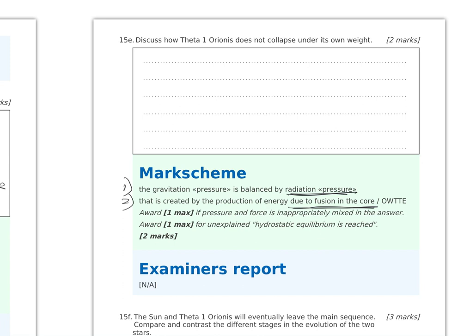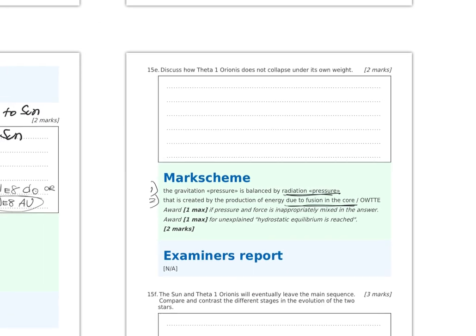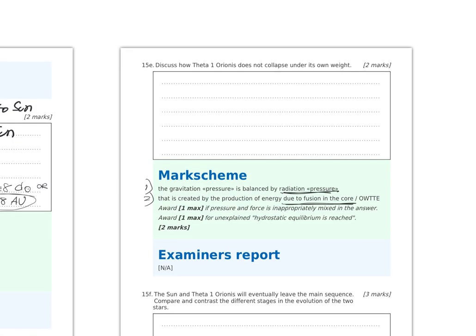Yeah, it says pressure and force is inappropriately mixed. That's annoying, but I guess they're right, because pressure is force per unit area, and then only 1 point for unexplained hydrostatic equilibrium. I would agree with that because you have to show what hydrostatic equilibrium is. But I guess they require that you say why there's radiation pressure. I think they should modify the question. But anyway, there you go.